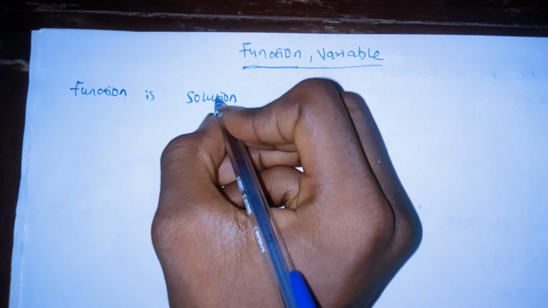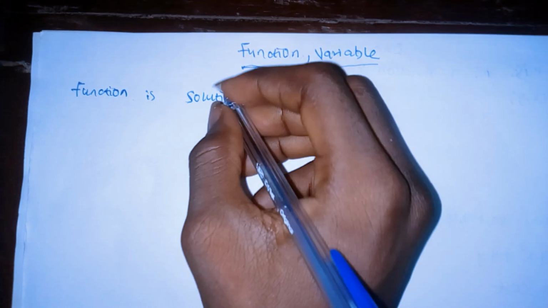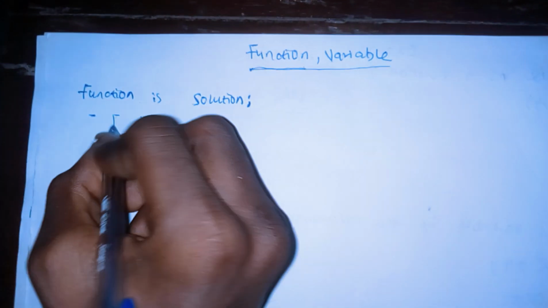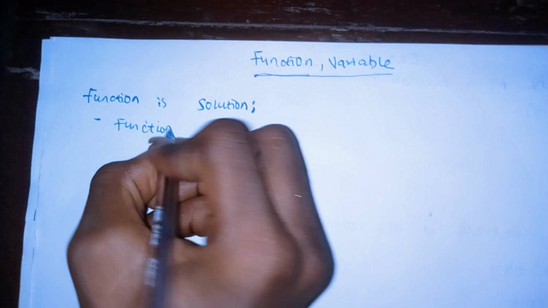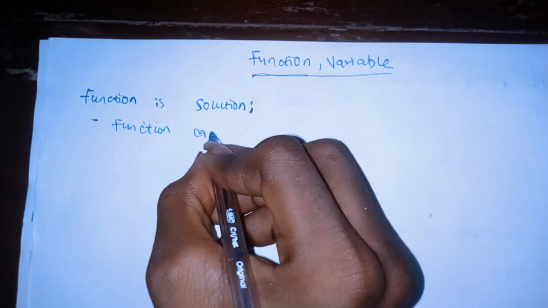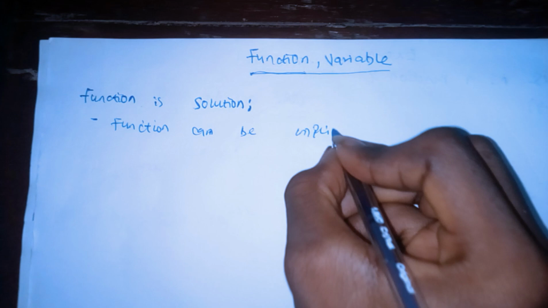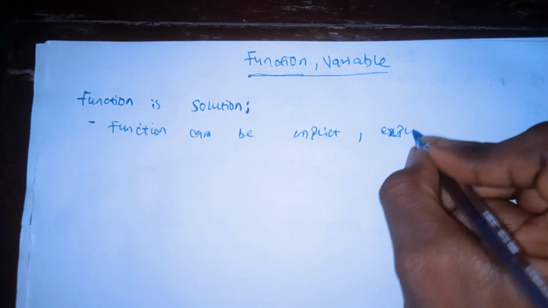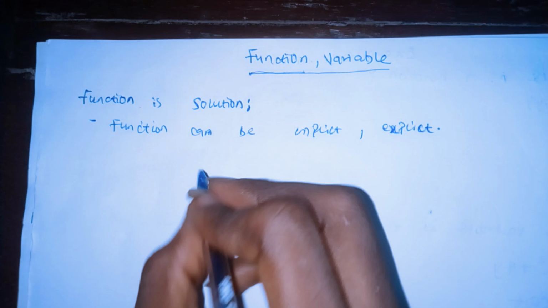Any function given to you is a solution, and we're going to denote function. A function can be implicit or explicit. We're going to denote what we mean. Function can be implicit or explicit.